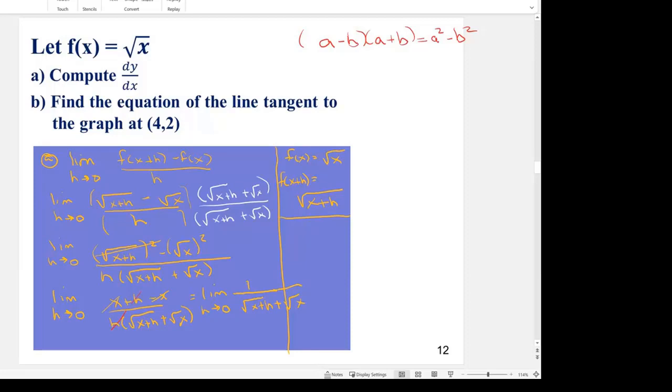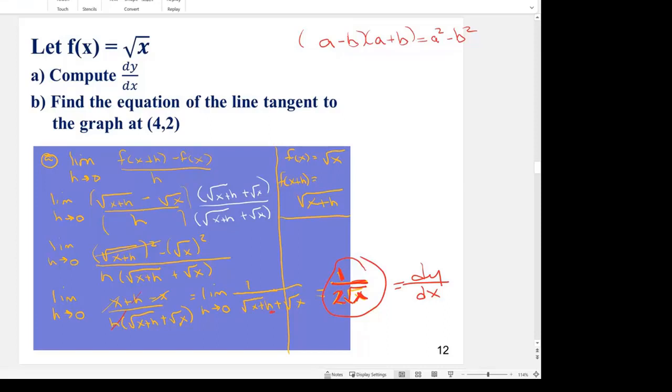When I plug in h equals 0, I get 1 over 2 times the square root of x. Because remember, this h is going to be 0, so I have the square root of x plus the square root of x. So the derivative, so it says compute dy dx, this equals dy dx.